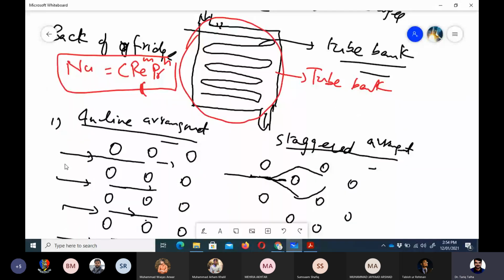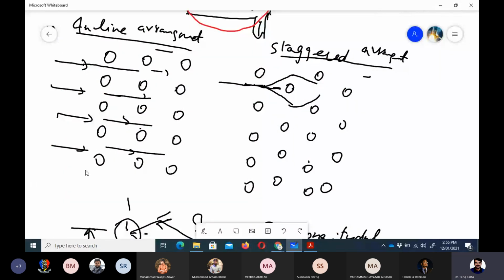In the inline arrangement, the flow direction is x, and we can easily see that there is no hindrance to the flow when it passes through one set of tubes. It goes straight towards the second set and then the third set. If we define the directions, we have the longitudinal direction, which is the flow direction.